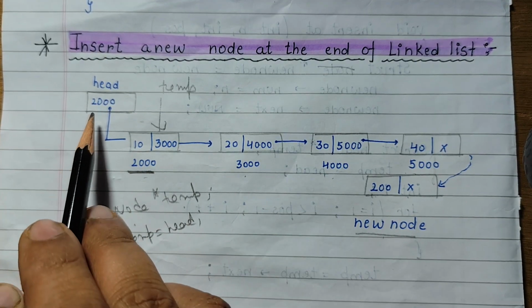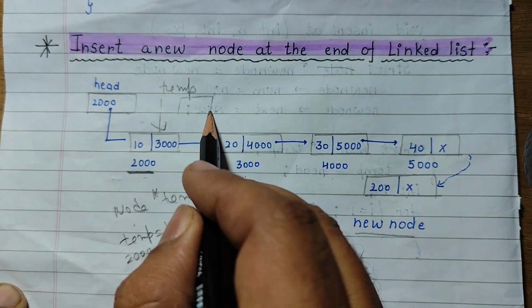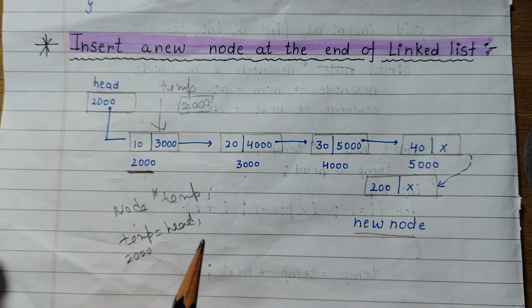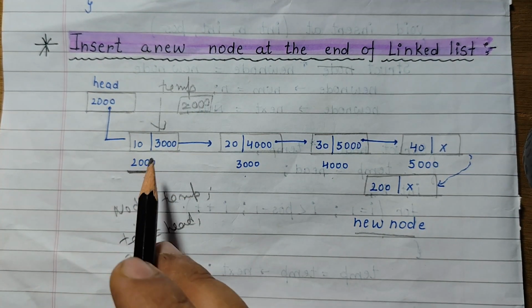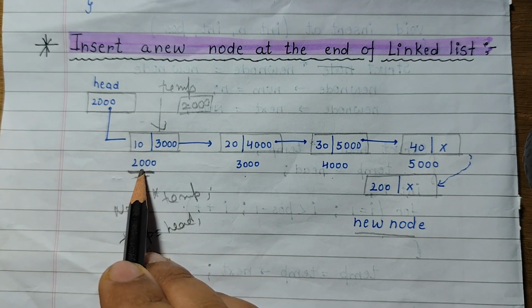Now head has the value 2000, it means temp also has the value 2000. It means at the starting time temp points to the first node, that is address 2000.